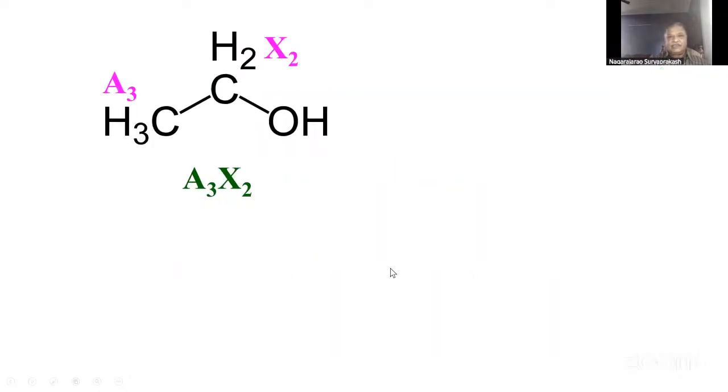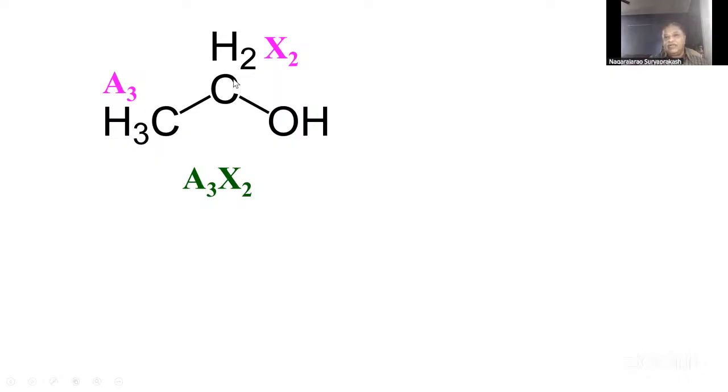For example, you consider a molecule like this: CH3CH2OH, ethyl alcohol. Here, the three protons of the methyl group are strongly coupled. We call it A3. Here, the two protons are strongly coupled. We call it X2. Why? Because this and this are far away, separated.